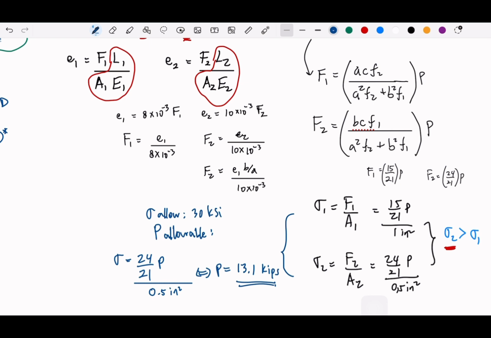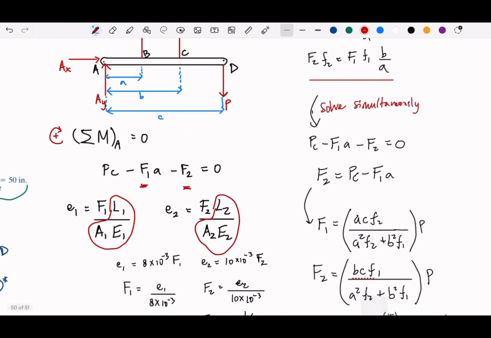Okay. So this is the final result. Now, of course, if we want to check the answer, since we have the F1 and F2, we could check these two back in the compatibility equations that we set here.